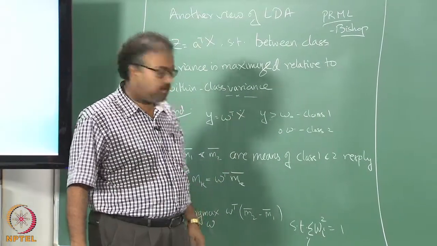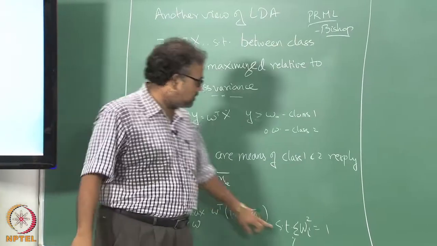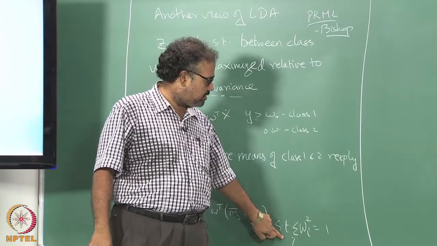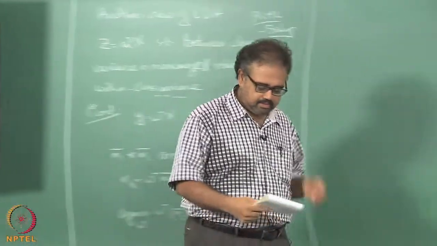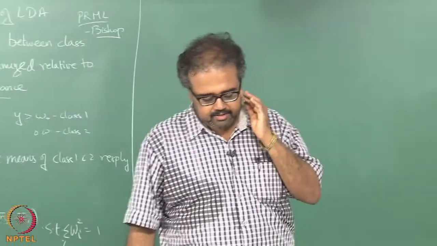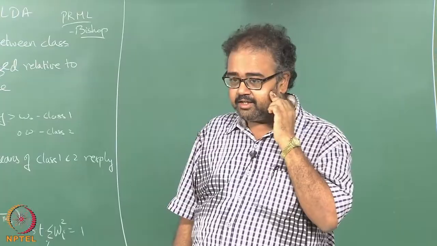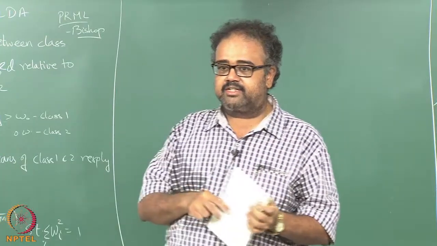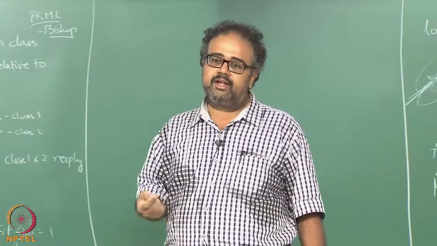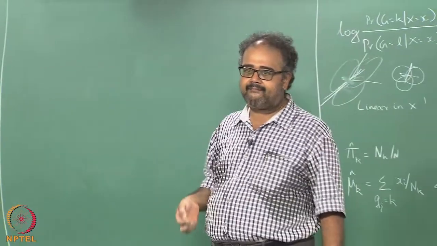Good question. You could impose an inequality constraint saying that summation W i squared is less than or equal to 1, but what do you think will happen?